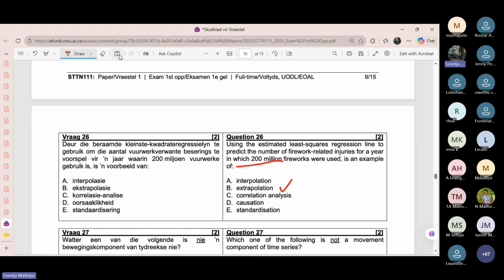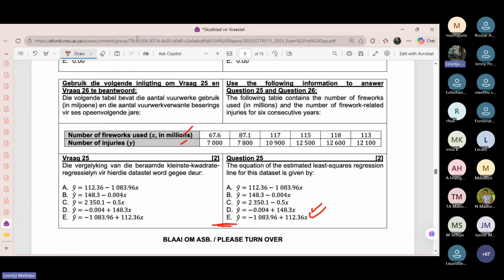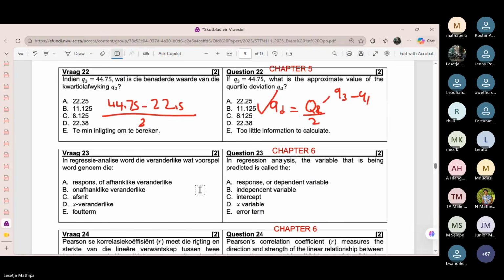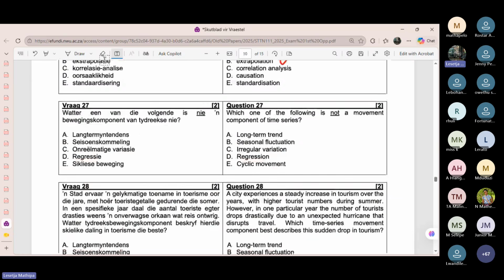So this one is based on chapter 6. Even this one here, chapter 6. Okay, then question 27, chapter 7, time series.